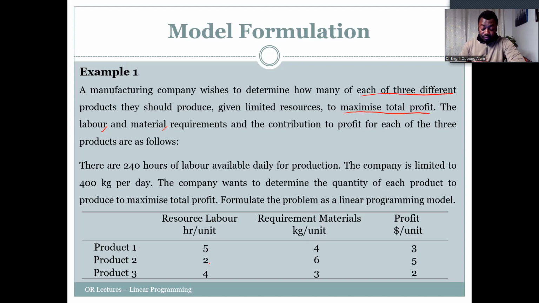For product 2, it requires 2 hours of labor, 6 kilograms of material, and $5 of profit when we sell them. Then for product 3, we have 4 hours of labor, 3 kilograms of material, and when we sell it, we are going to generate $2 per unit.